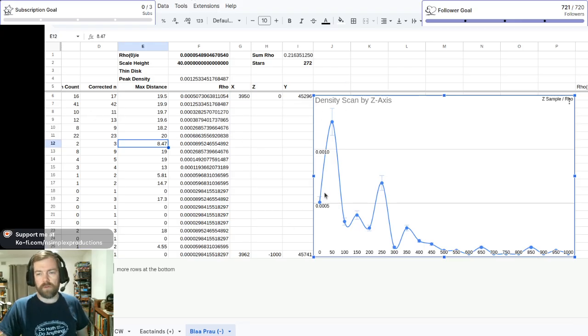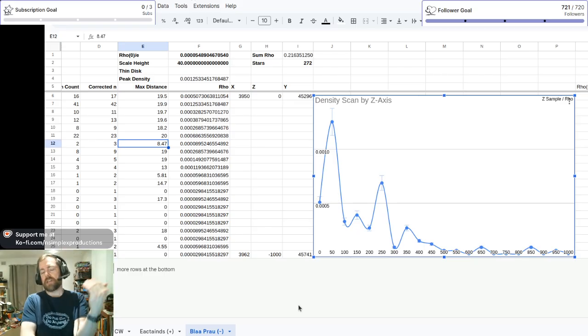So here what we've got is, more or less, a cross-section of the galaxy. Yes, it's in Elite Dangerous, and yes, it's not a real galaxy, but it is modeled after our actual data that we see in the Milky Way galaxy and also in other neighboring galaxies.